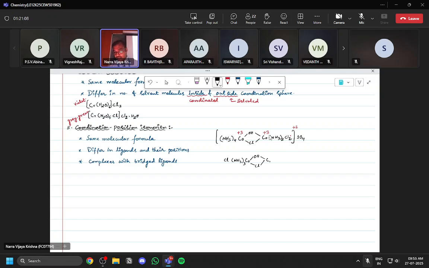Here also, cobalt, Cl, NH3 thrice, SO4. Now give the name of it. Triamine, chlorido, cobalt(III), mu-chlorido, mu-hydroxido. Again, triamine, chlorido, cobalt(III), sulfate. Clear? Any questions?